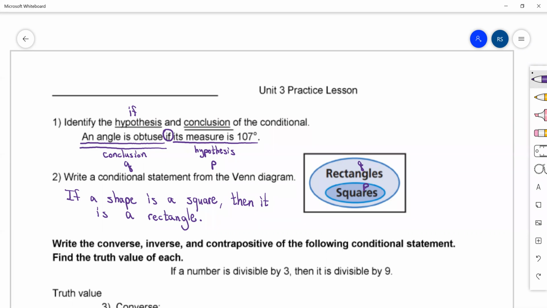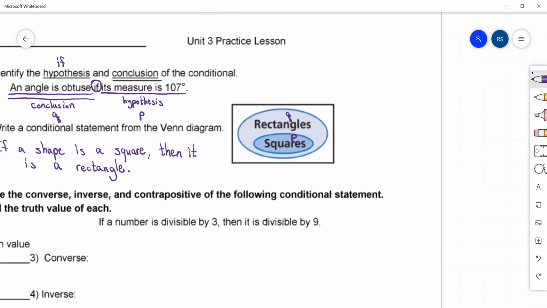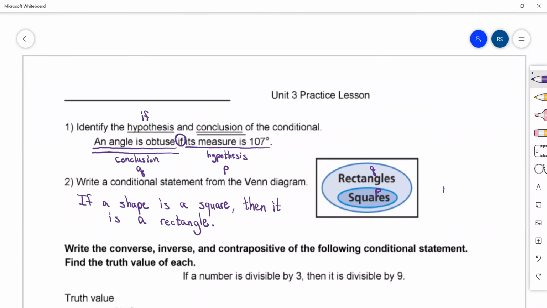We're just doing a plain Jane conditional statement. If P, then Q. That's all we're doing here.